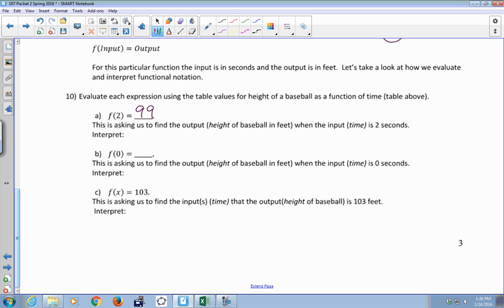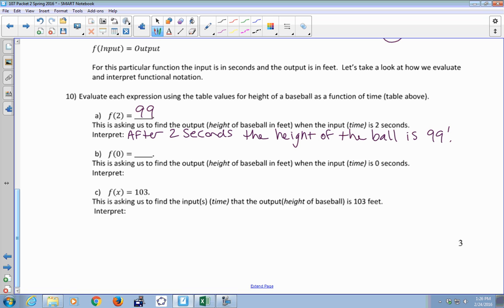If I want to interpret that, I would say the height of the ball after 2 seconds is 99 feet. I think we were measuring in feet. All right, what's f of 0? 3. Yeah.